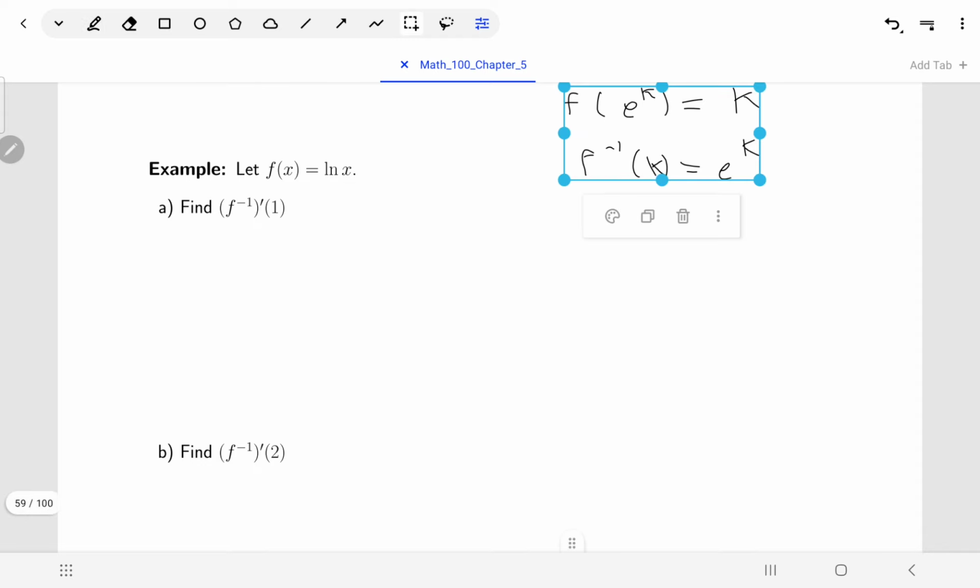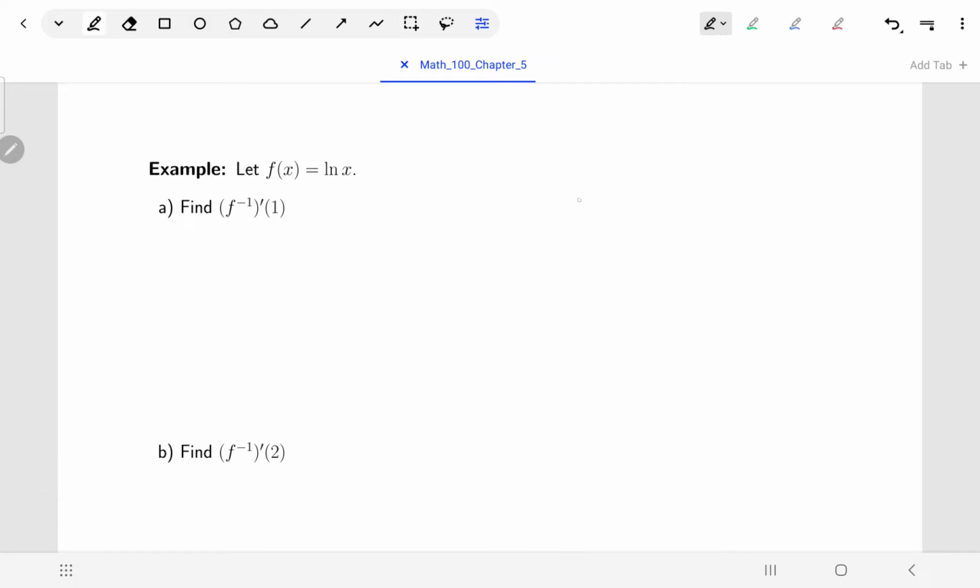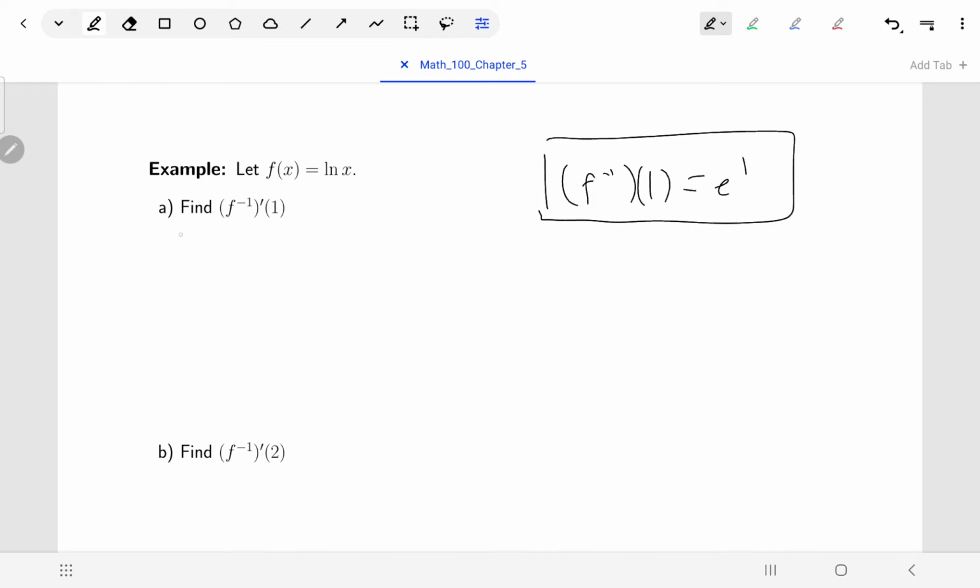Okay, so let's use this here. I'm going to make a little side note to myself that f inverse of 1 is equal to e to the 1. And using my previous theorem, I know that I will have an inverse for natural log because it's a one-to-one function, and natural log is differentiable everywhere on its domain, and its derivative is never 0, which means the inverse will always be differentiable.